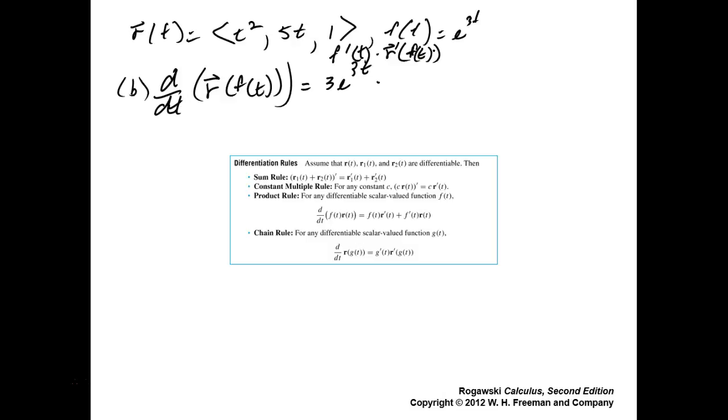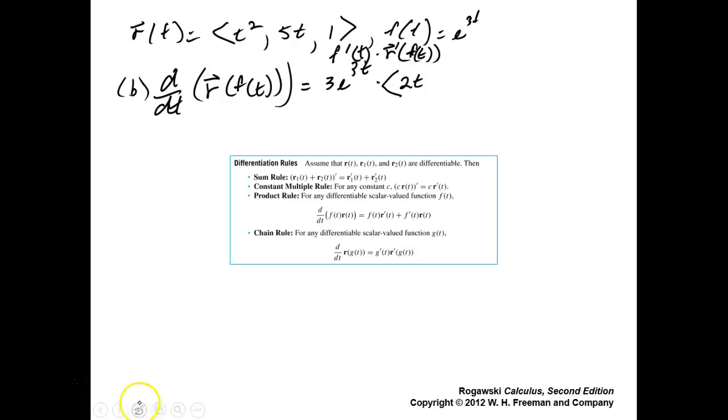Okay. So we've written the f prime. Now, do we need to take the derivative of r and then plug f of t in? Yeah, where you see a t, you put f of t in its place, which is e to the 3t. Okay. So the first one would be 2 times f of t.